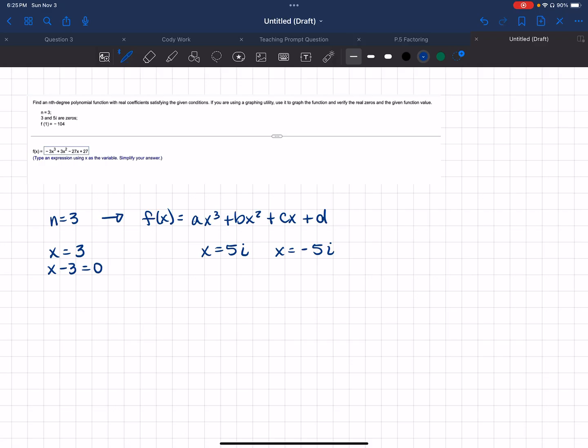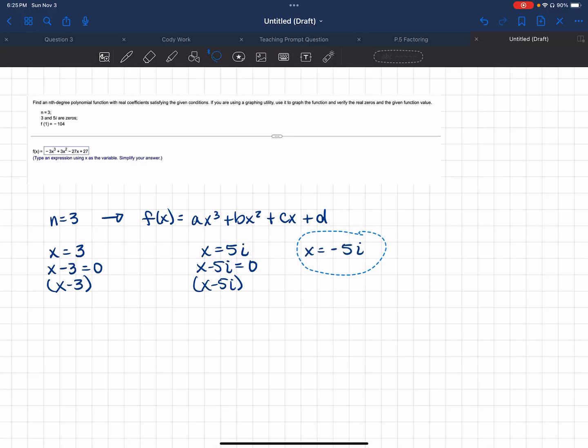So I had a factor of x minus 3 in this polynomial. Well, this was originally x minus 5i equals 0. When I subtract that over, I had x minus 5i as a factor. And then on my x equals negative 5i, if I add that 5i over, I get x plus 5i equals 0.